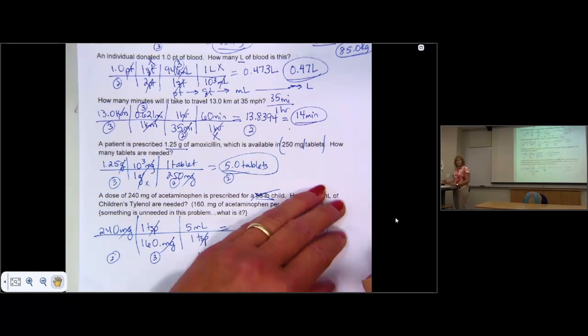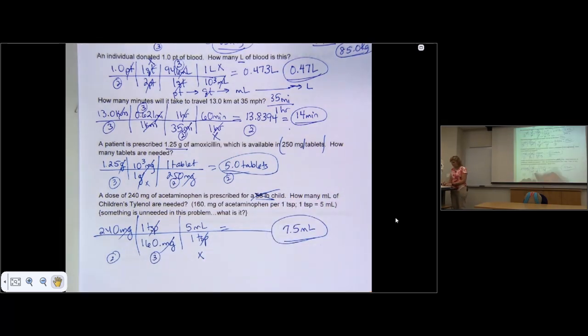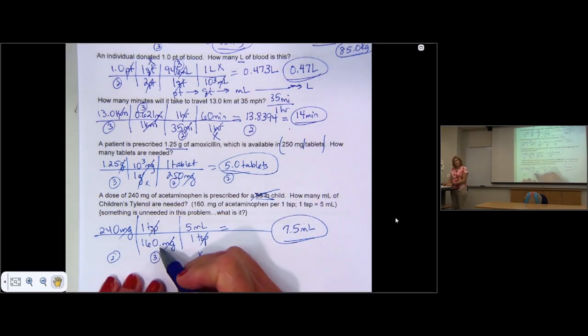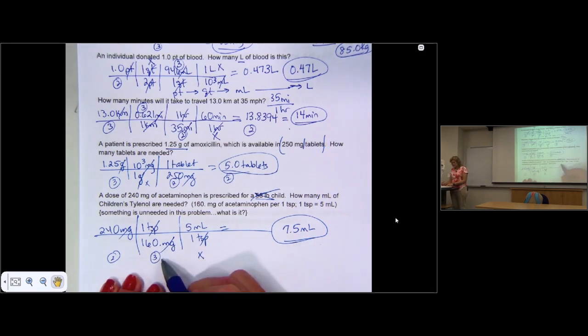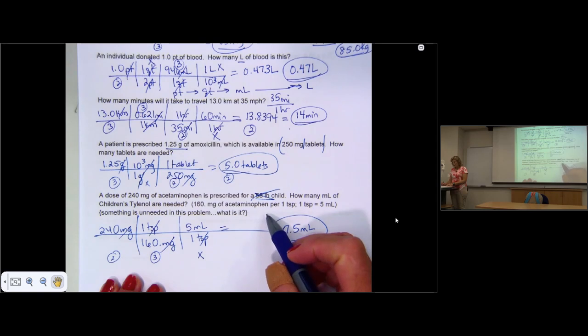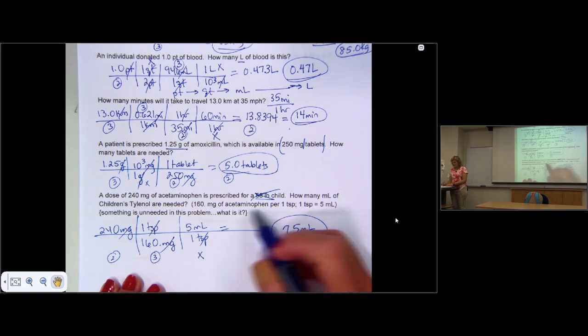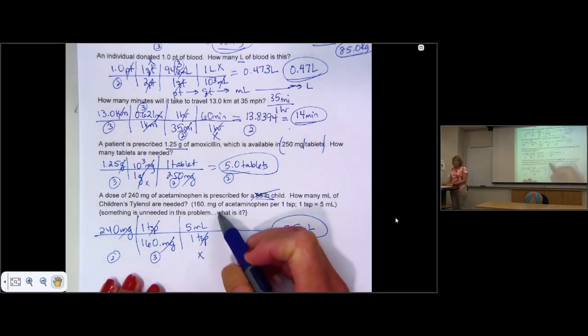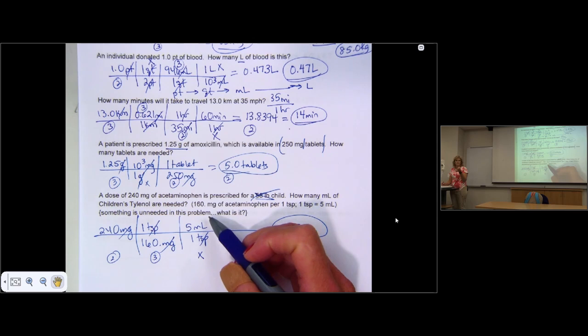How is 60 milligrams per teaspoon? How is that? Based on the fact that, and this is something you probably don't know or you just didn't think about, children's Tylenol is a suspension, meaning it has to be shaken.